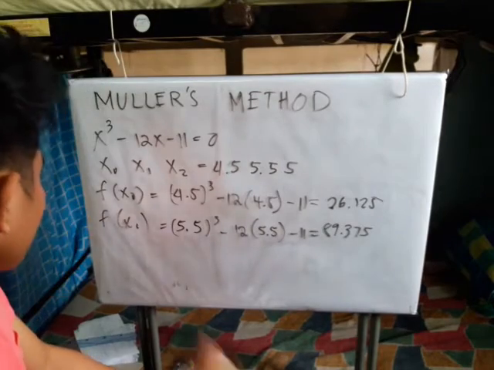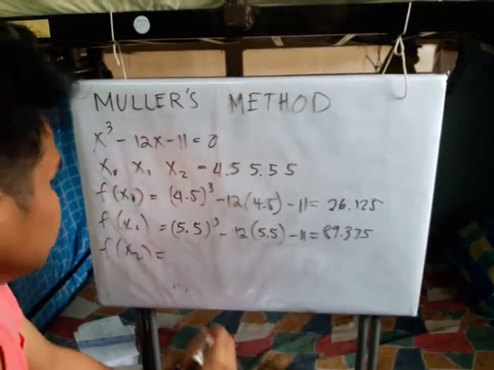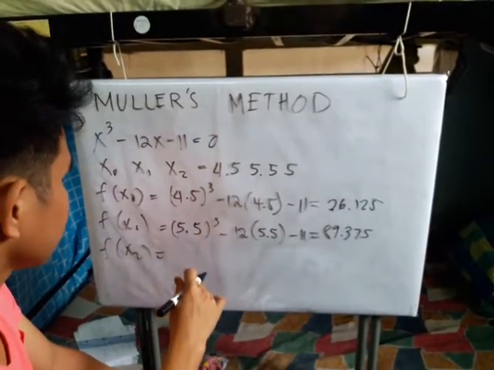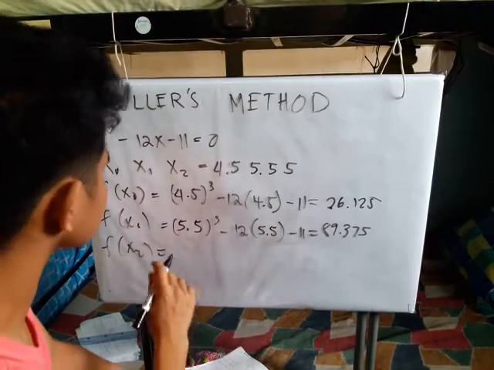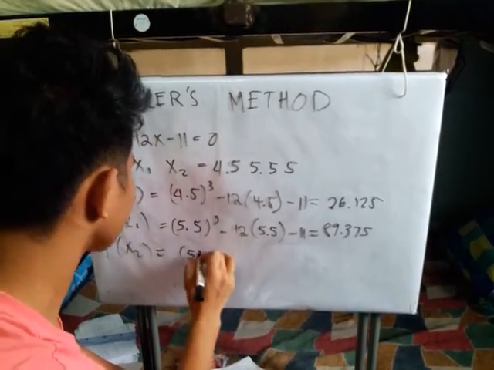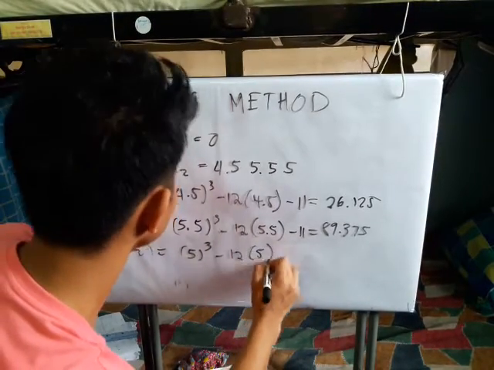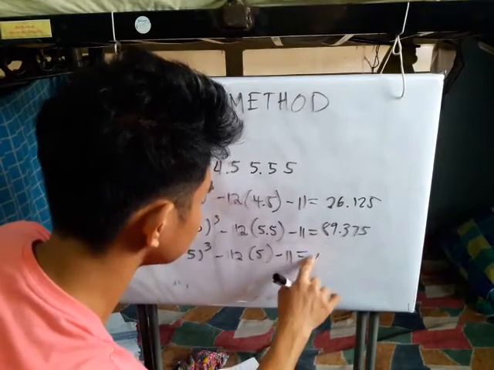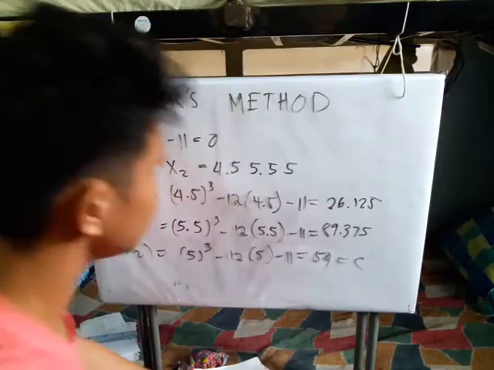So for f of x2, 5 cubed minus 12 times 5 minus 11 is equal to 54, which is also equal to c.